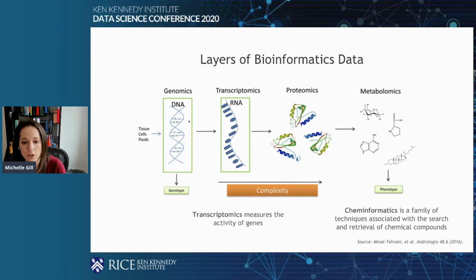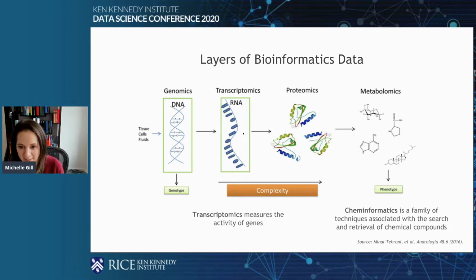And the human genome itself contains thousands of genes, approximately 20,000, which are transcribed into RNA. This RNA is then translated into proteins. And proteins make up the various aspects of a cell which catalyze chemical reactions. The products of these chemical reactions from proteins are often known as metabolites.